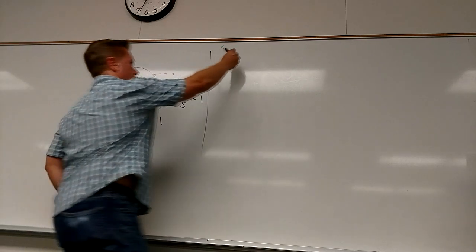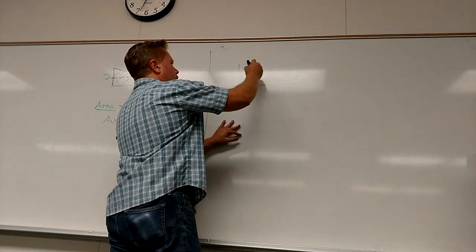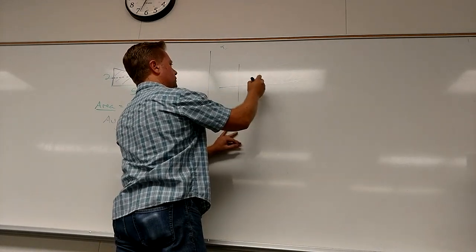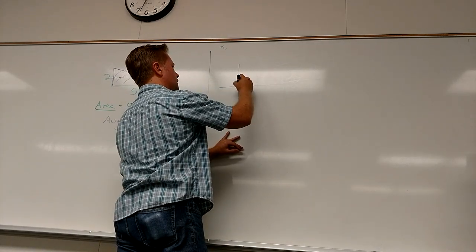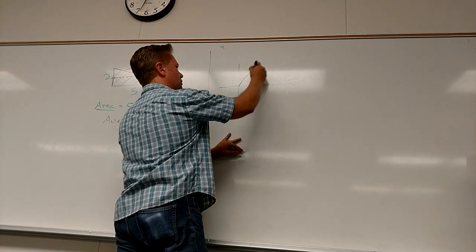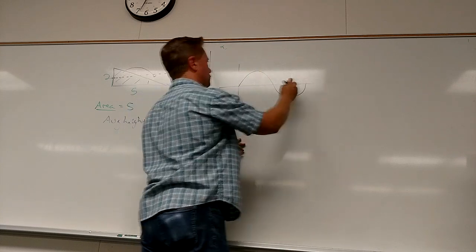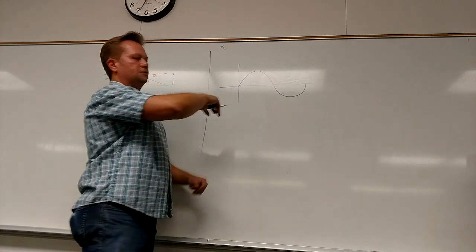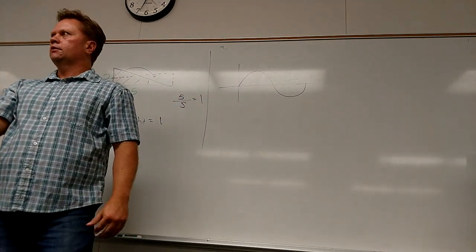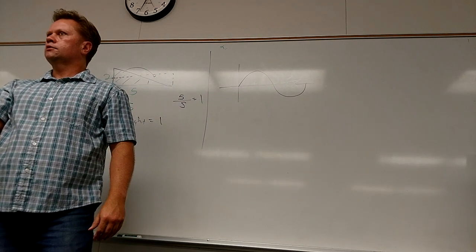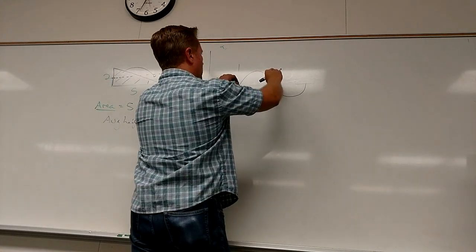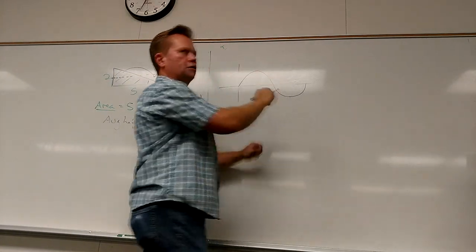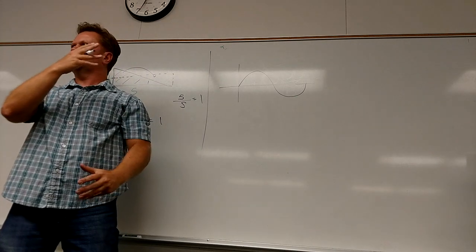So for example, this is almost too easy of one. If I had the sine function, what is the average height of the sine function? Well, that's 0, because I could take this and fill this in, and it comes out to be 0.